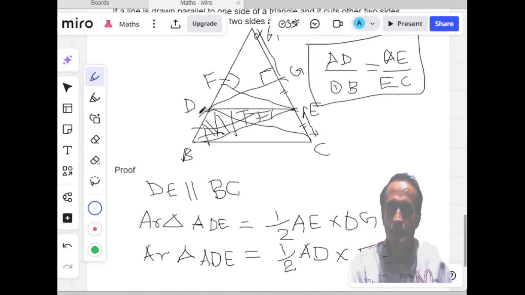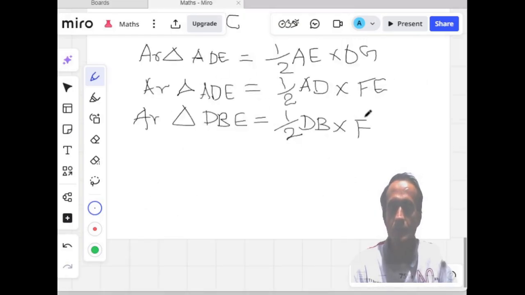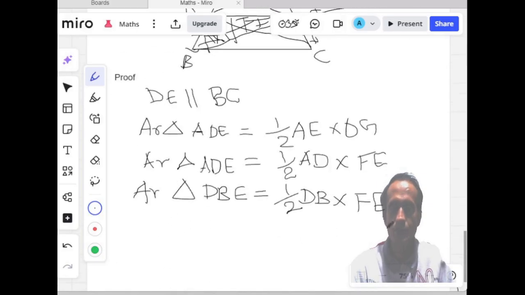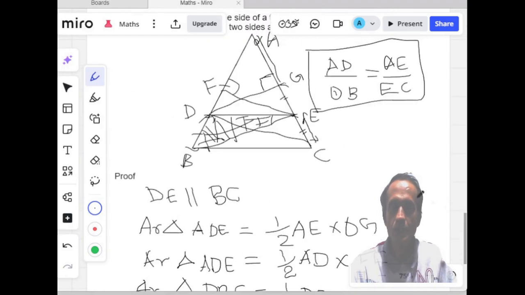DB is the base and FE is the altitude. So the area of triangle DBE is equal to half base DB into EF.